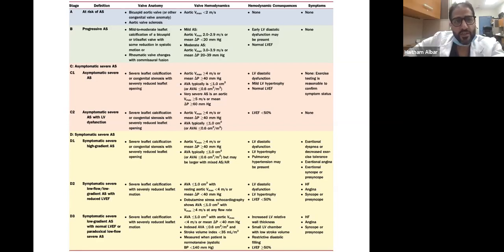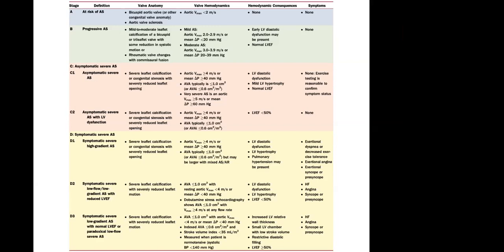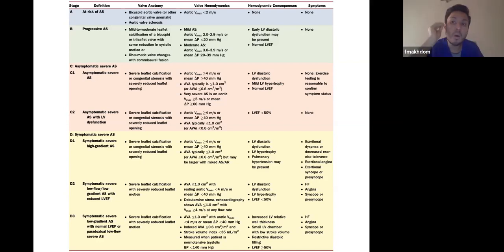So we need to know the height and weight of each patient to calculate the index. I think 1 ml per kg in adults and 1.5 in pediatrics. No, my question is, what is the normal stroke volume index for any person? On echo, there is a number. If it is less than that, then this is a low stroke volume index. It might give you a falsely lower gradient.